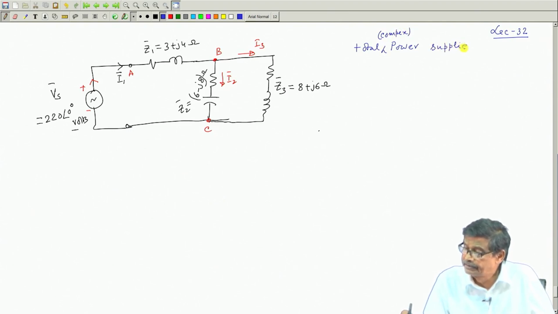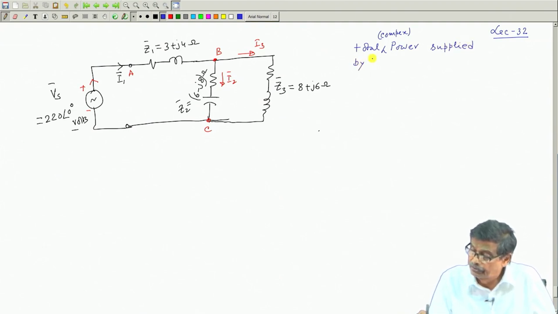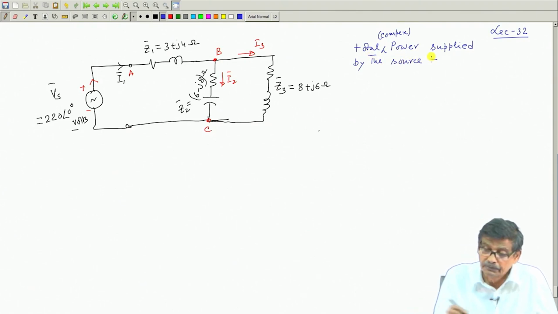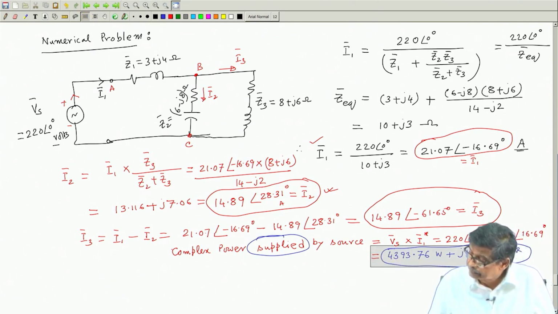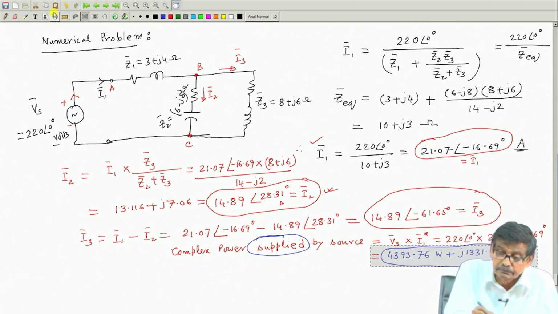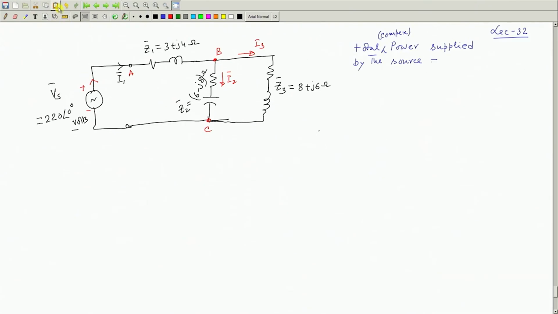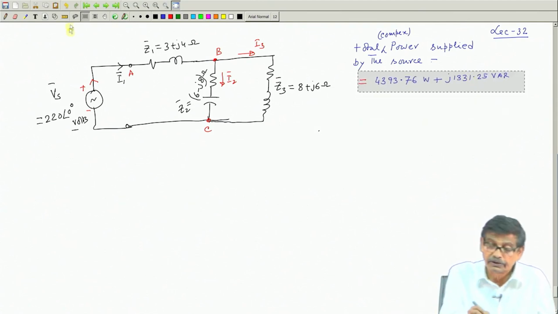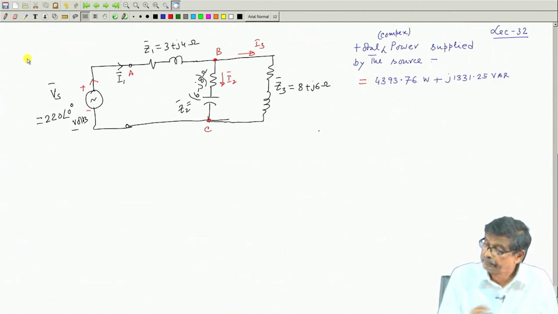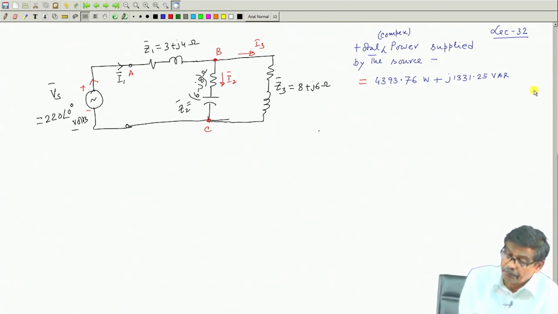Let me rewrite, these results we already got: the complex power supplied by the source is equal to this number. This is what we have got. So much volt ampere. Now, I will calculate what is the complex power.